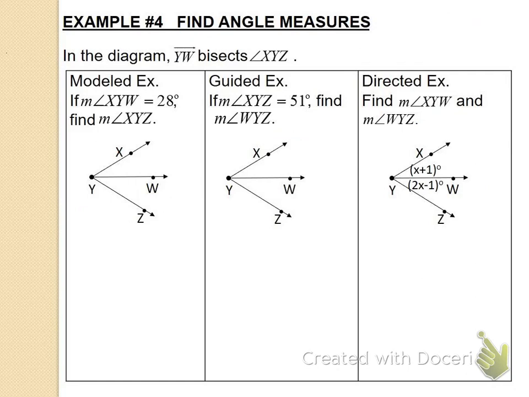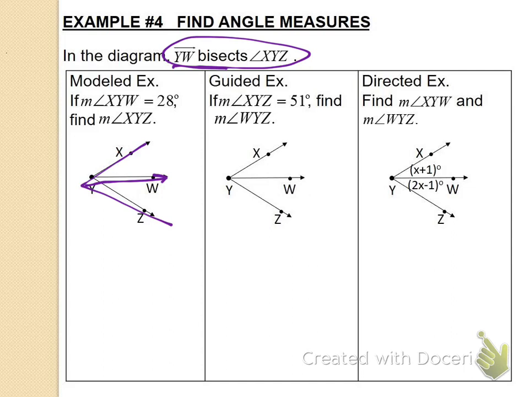So in these examples, when we're told that ray YW bisects angle XYZ, we should be able to draw these diagrams without them being given to us. We would simply draw angle XYZ and then draw ray YW.